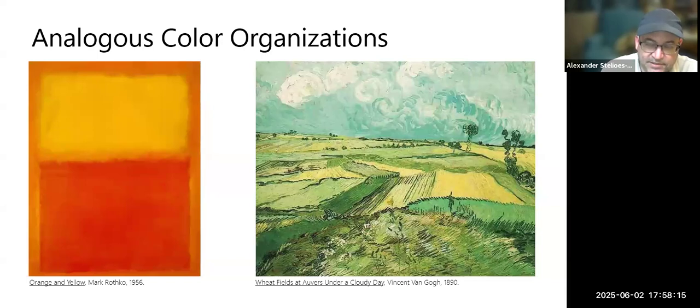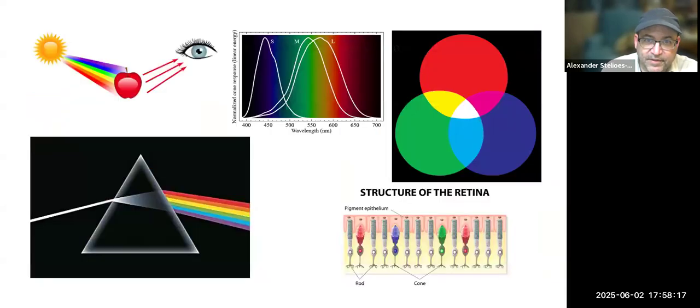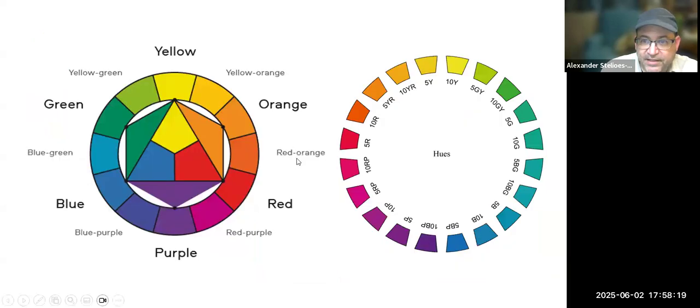And the way you define analogous, let's go back to the color wheel for a second. The way you define analogous is it's an organization where you're using a grouping of colors all on one section of the color wheel, right? A lot of people, when they're doing analogous color organizations, like the red to yellow color organization. And one of the reasons is because it feels very unified, right? All these colors are very warm and they're very similar in many ways, right?